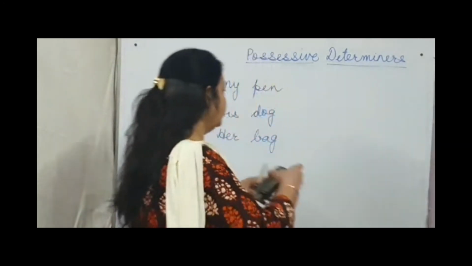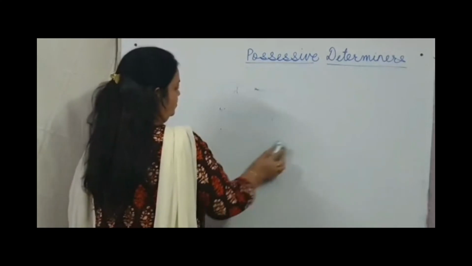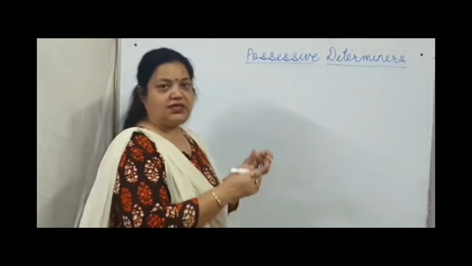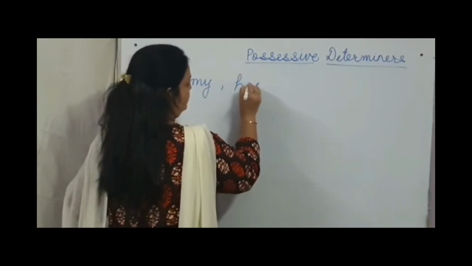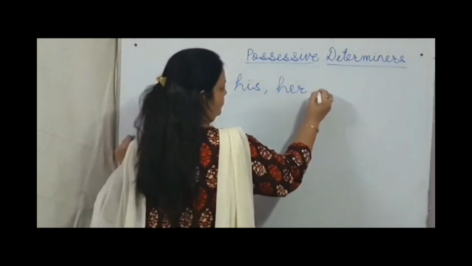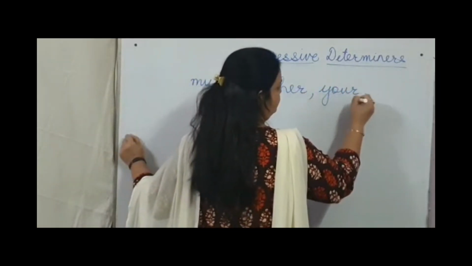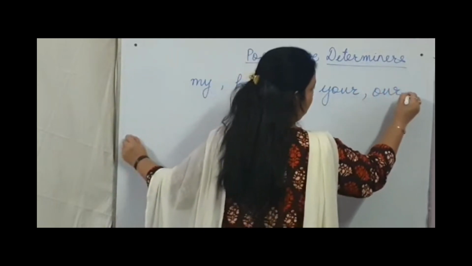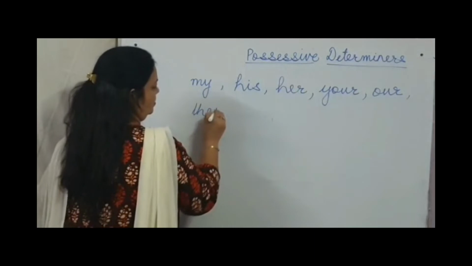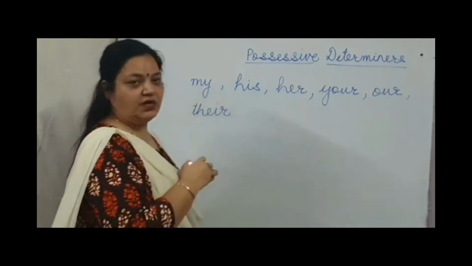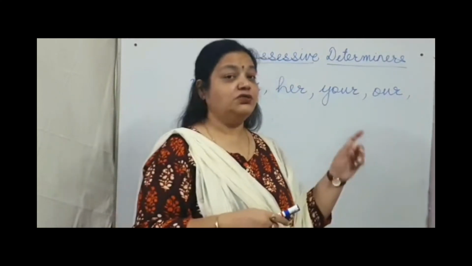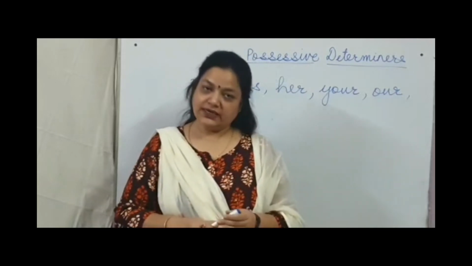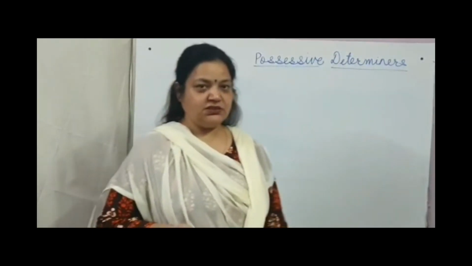So, the words like etc. are used as possessive determiners, but only when they are used just before a noun. Let me explain this to you with the help of a table to make it more clear.